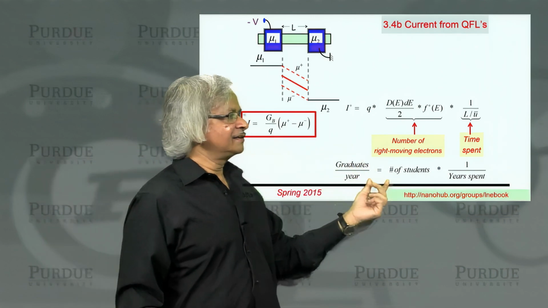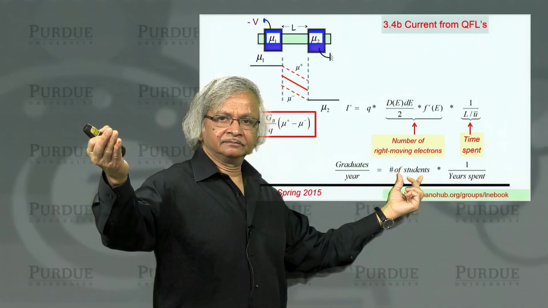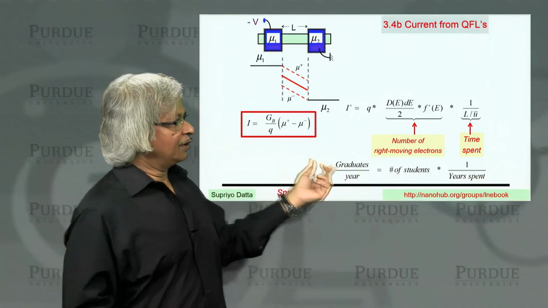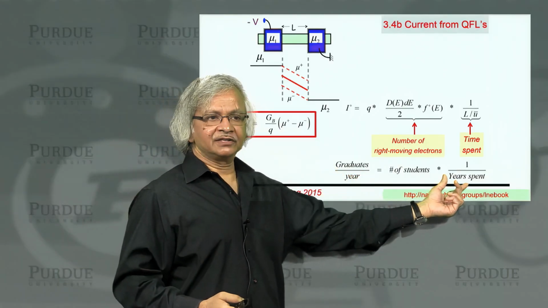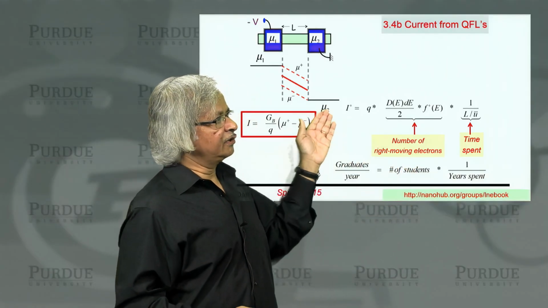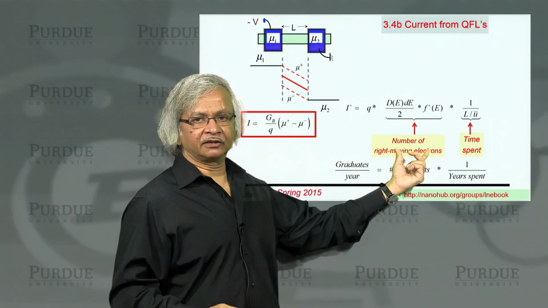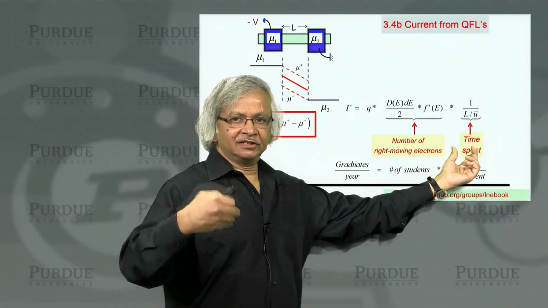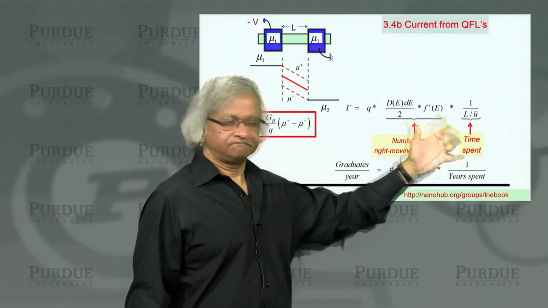Well, let's say every student spends 5 years in the program. Then the steady state number of students is 500. So if 100 students per year come in and leave, and each student spends 5 years, then the number of students is 500. So similarly, here we want the flow of electrons. It's equal to the steady state number of electrons on the highway, that's like the graduate program, times the time that each electron spends on the highway, which is the length divided by the velocity.